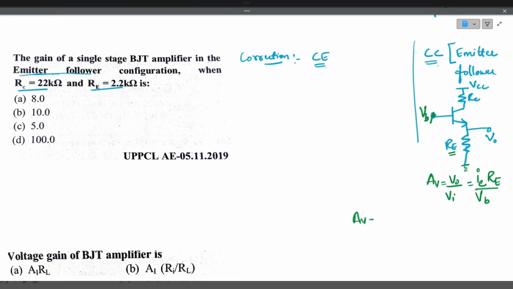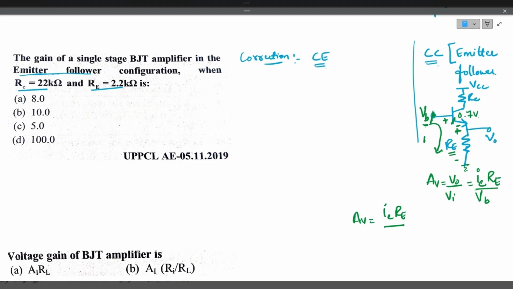So IE and RE divided by input voltage VB is nothing but again the voltage across the emitter only. Whatever the input voltage applied at the base will drop at the resistance RE only. Here the voltage drop across the base emitter junction is only 0.7 volts. So if you remove that 0.7 volts, the remaining voltage will be dropped across this emitter resistance only.